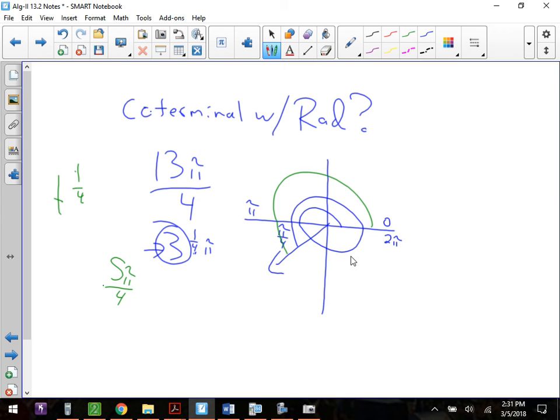Wait, so should it be drawn under it then, or is it total? I just drew the positive one. I haven't done the negative one yet. We knew that this was 3 1/4. 1 pi, 2 pi, 3 pi, quarter.